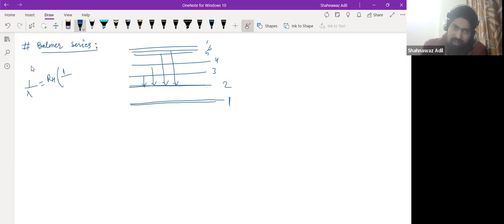For the Balmer series, N1 is 2 and N2 is N, where N is 3 and so on. So this is 1 by 2 squared minus 1 by N squared, right? And this lies in the visible range.